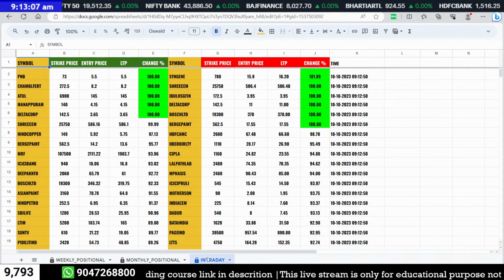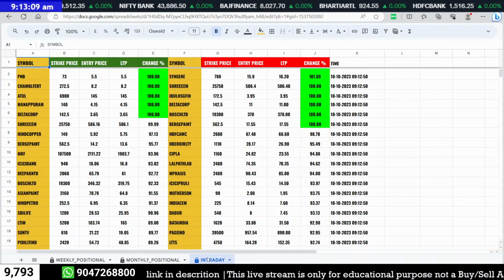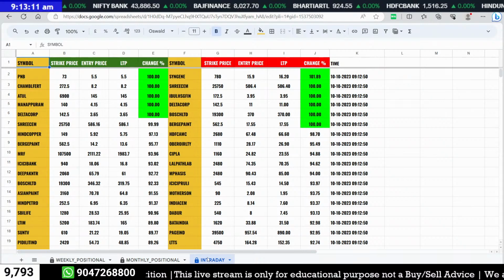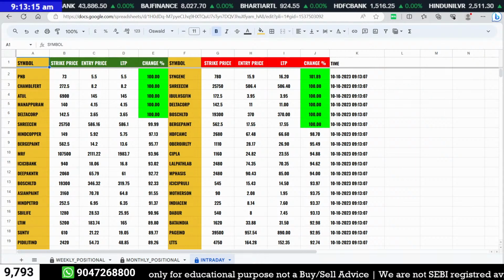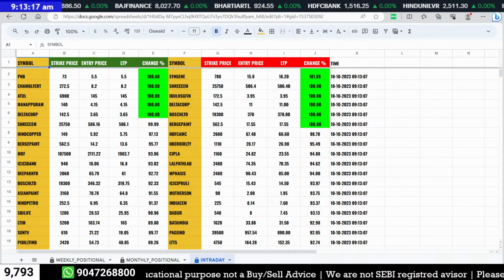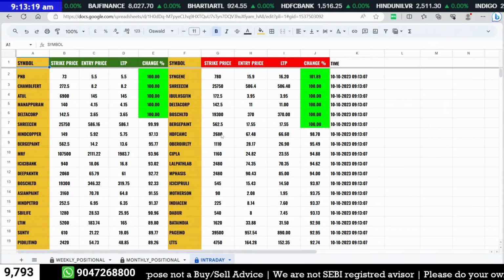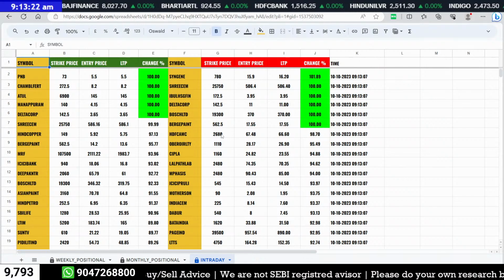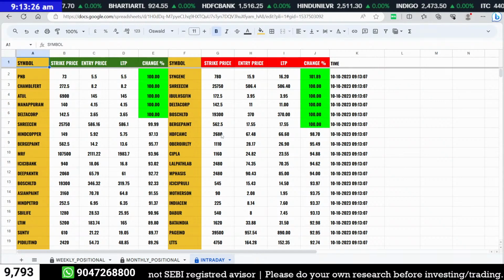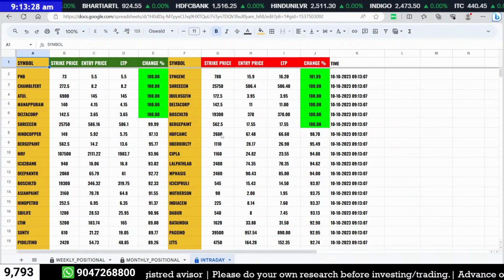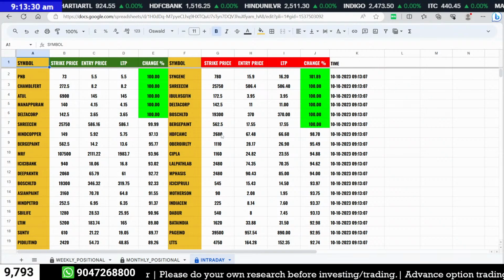That's good enough, not to focus on all the stocks. In positional strategy, we apply our advanced option strategy along with hedging strategies. There are 4 types of hedging strategy available, so whichever you want, you can apply it with this Google Sheet if it has given you the entry.